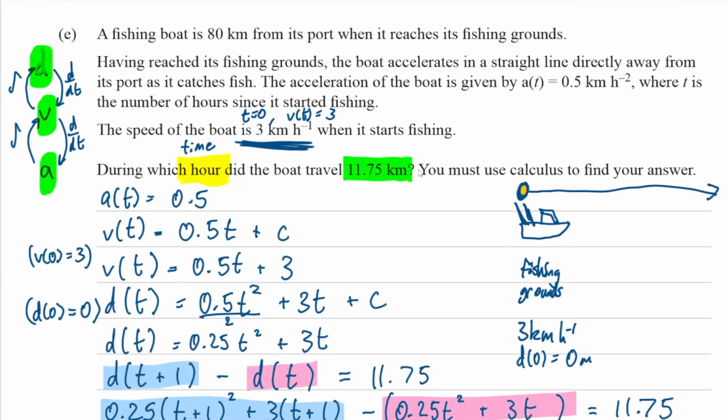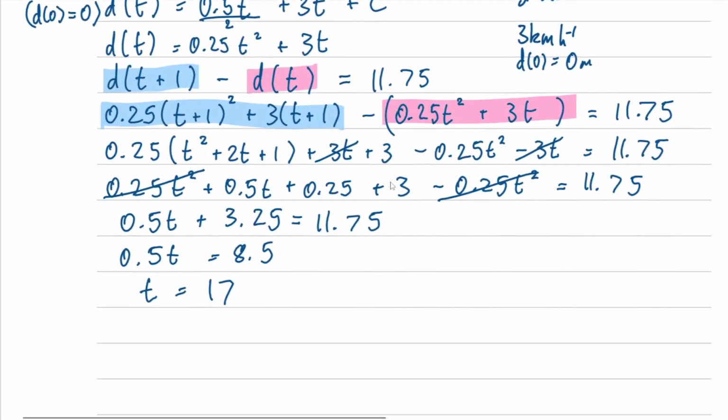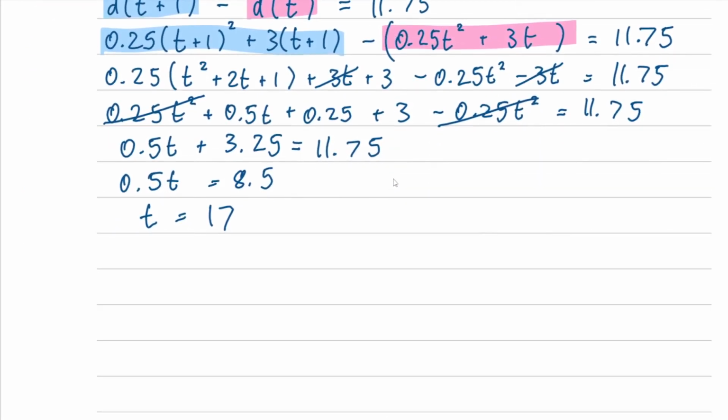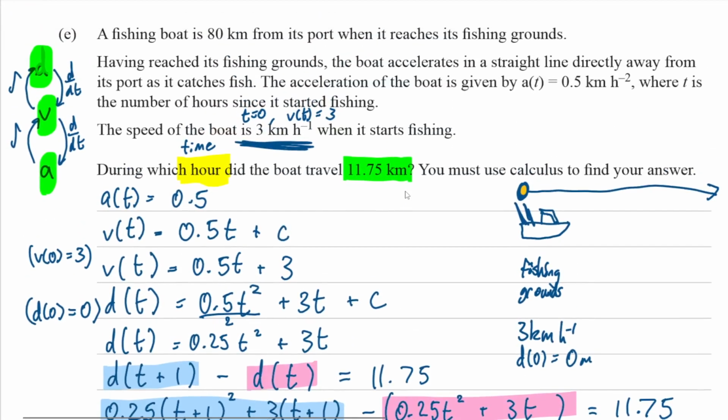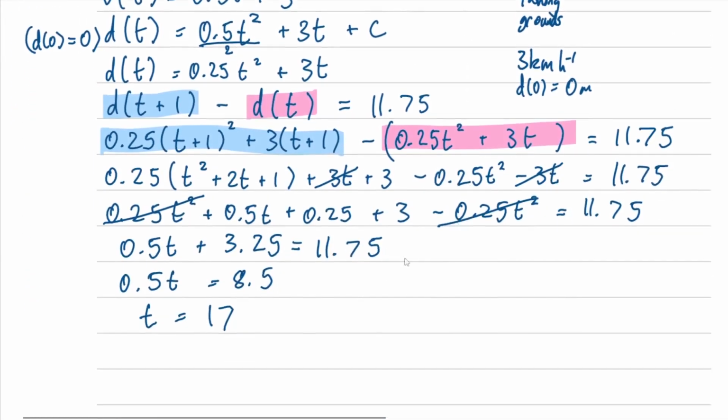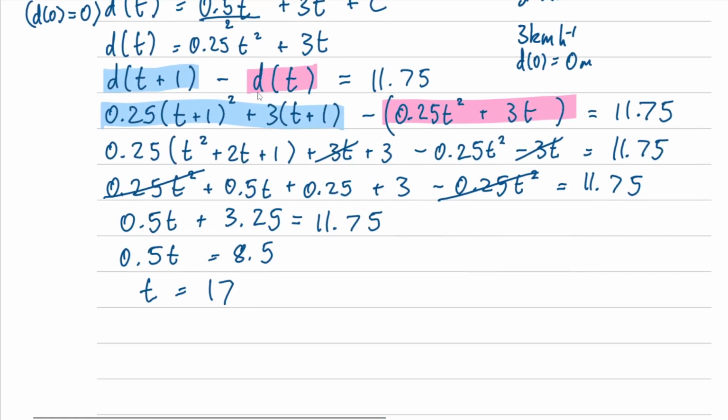Because it's asking us for which hour it traveled that distance, we got 17 from the difference in t plus 1 and t, which means in the 17th hour, it hasn't traveled 11.75.